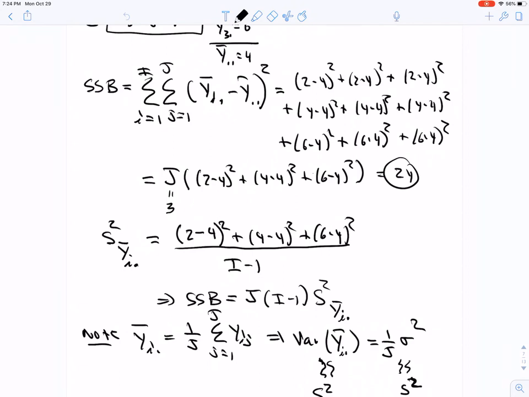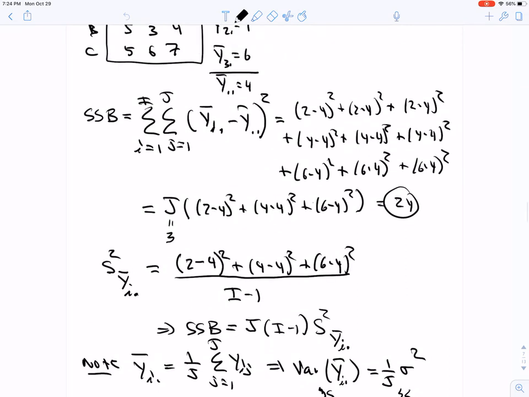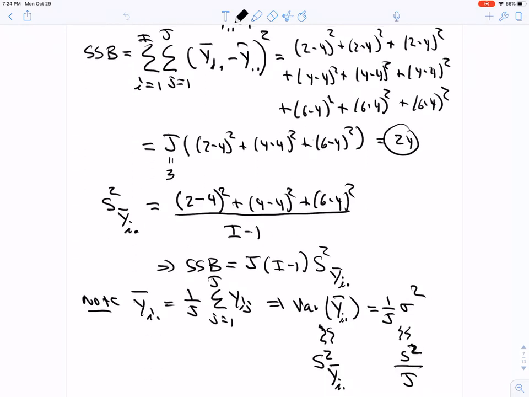So I write that as S squared y bar I dot. And so the SSB is j times I minus 1 times the sample variance of the row means.